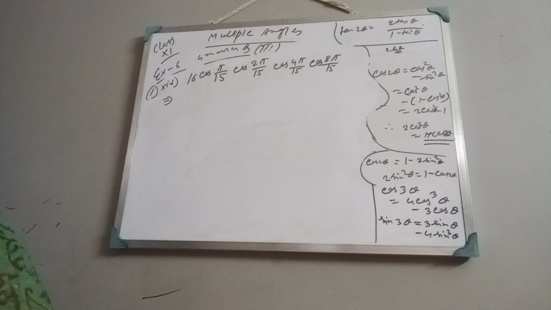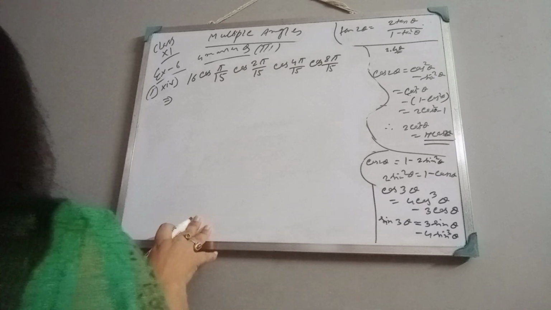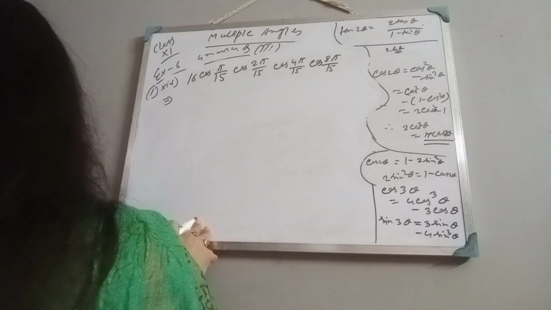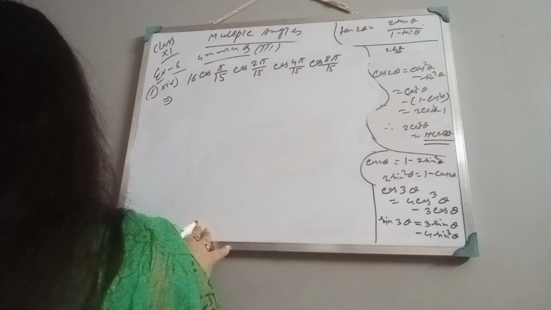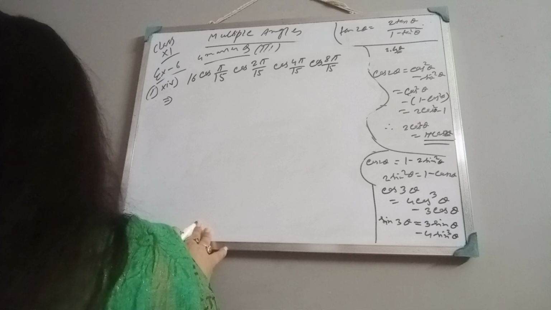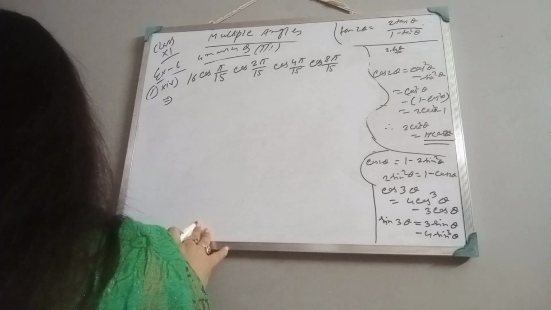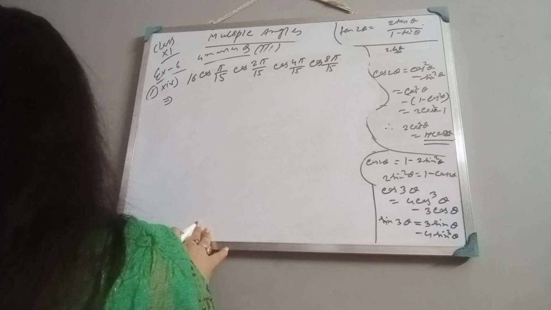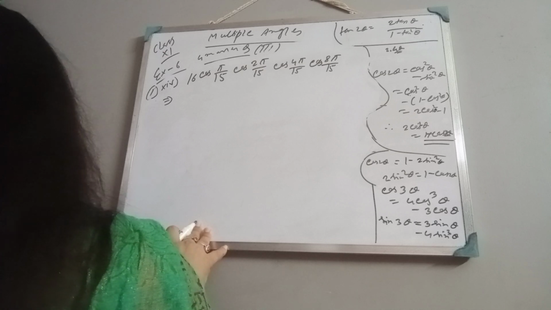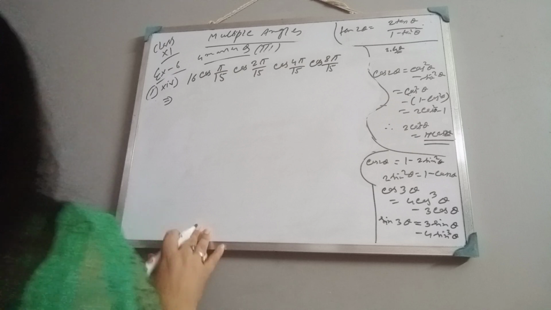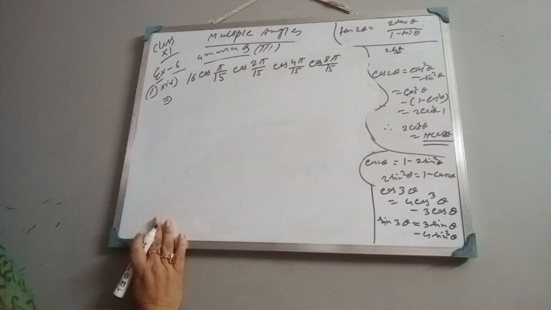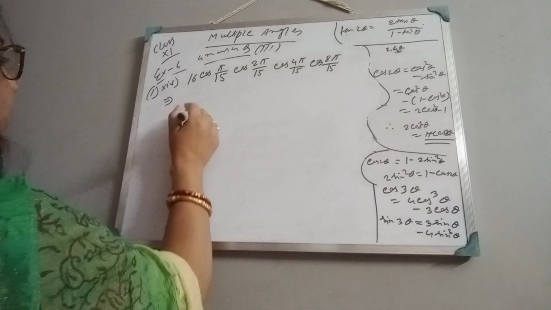Okay, now 16 is there and cos pi by 15 is there: cos pi by 15, cos 2 pi by 15, cos 4 pi by 15, cos 8 pi by 15. If we want to write this as sine 2A form, then we have to introduce one sine pi by 15 in the numerator.